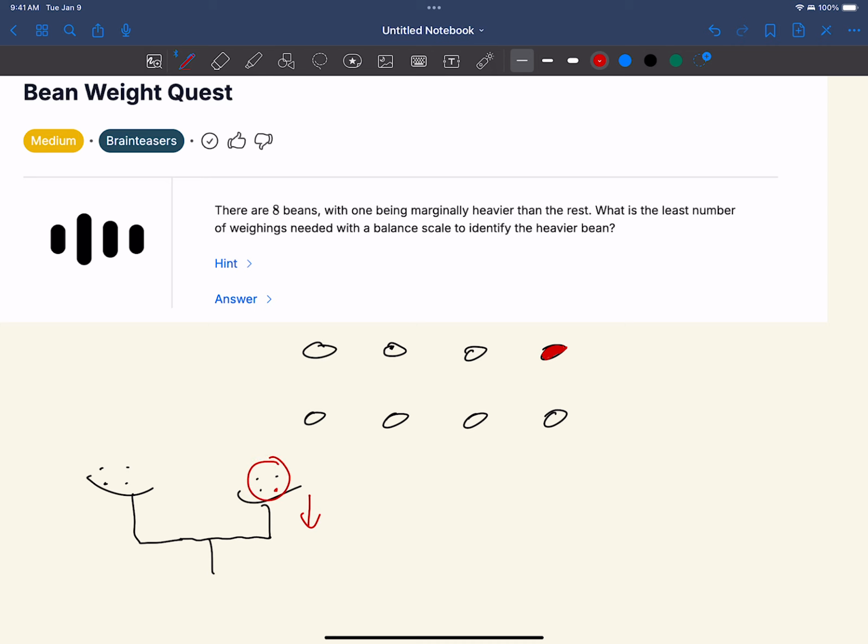So if we do that process again, we'll know which 2 beans the heavier bean is in, and do it again, we know which bean it is, which is a much faster process than just going one by one. So there's actually a way to do this even faster. And the way that works, I'll describe to you now.